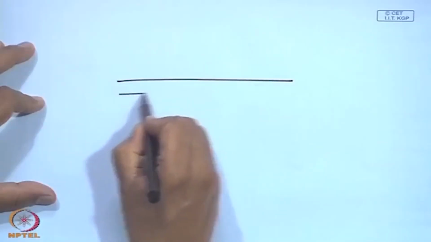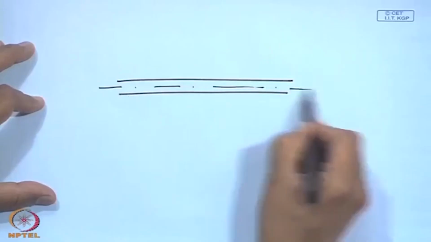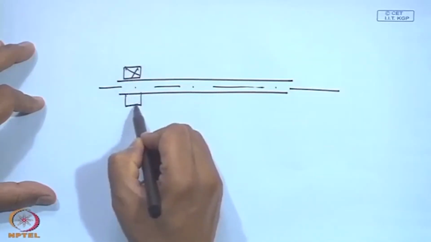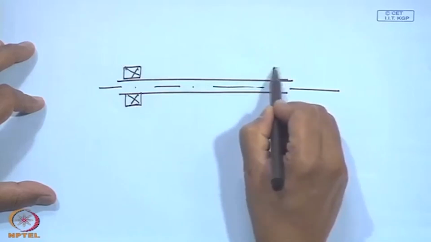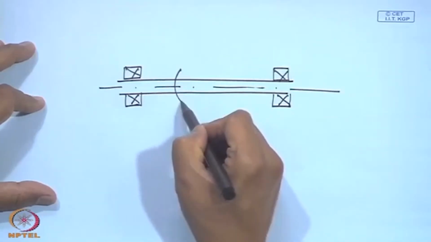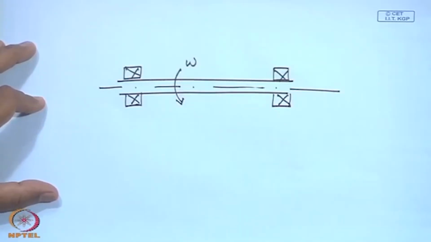As you all know, in these machines of ours, we are always going to have shafts which will be rotating, and these shafts are supported on bearings, and these shafts will be rotating at very high speeds, low speeds, whatever.